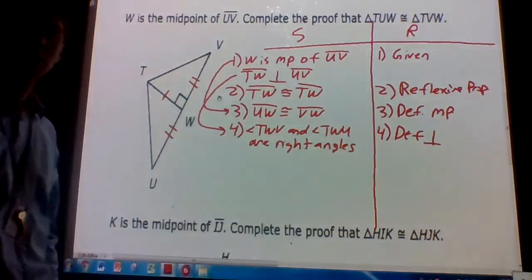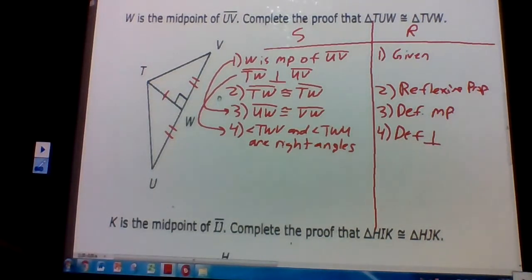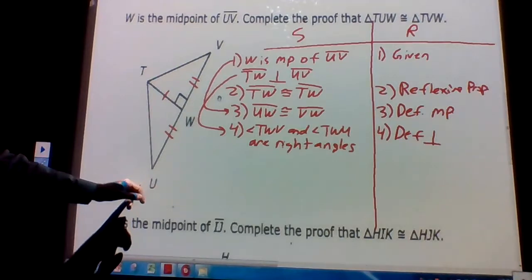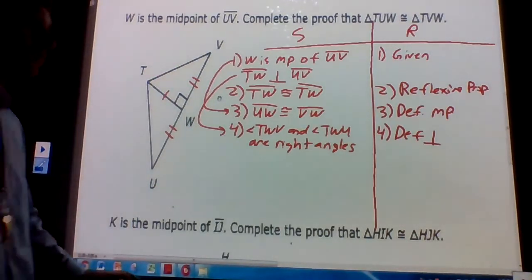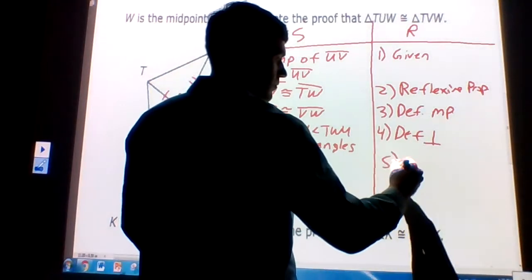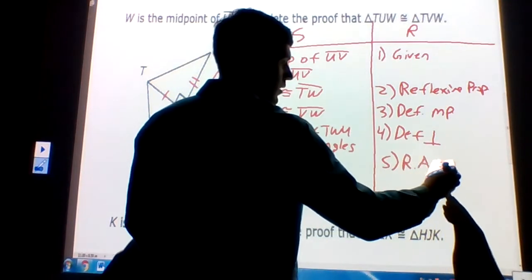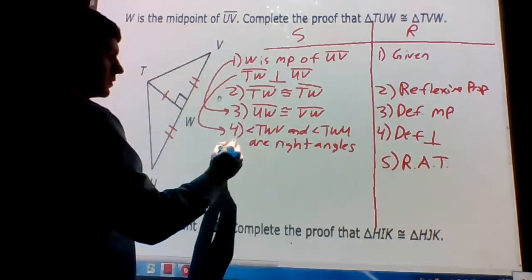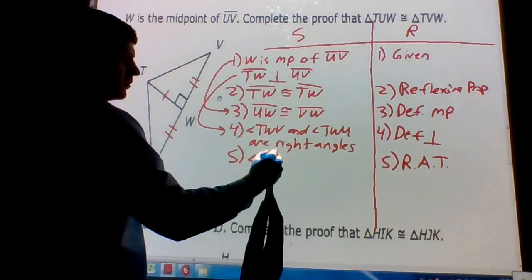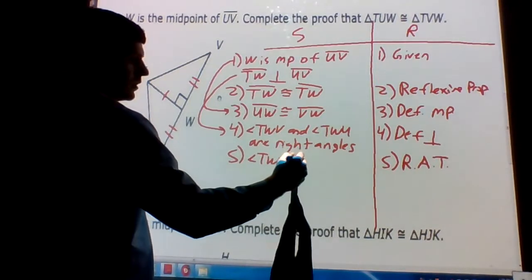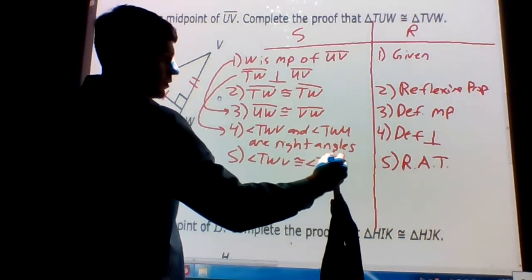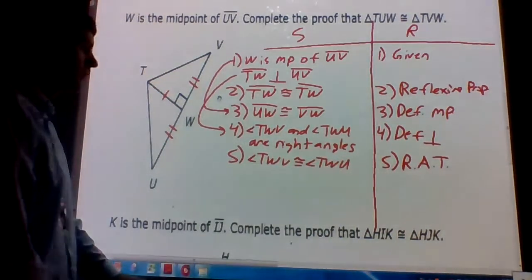Perpendicular lines are 2 lines that intersect and form right angles. Since we have right angles, we can use the right angle theorem that says that all right angles are congruent. So since these are both right angles, we know angle TWV is congruent to angle TWU because right angles are congruent.